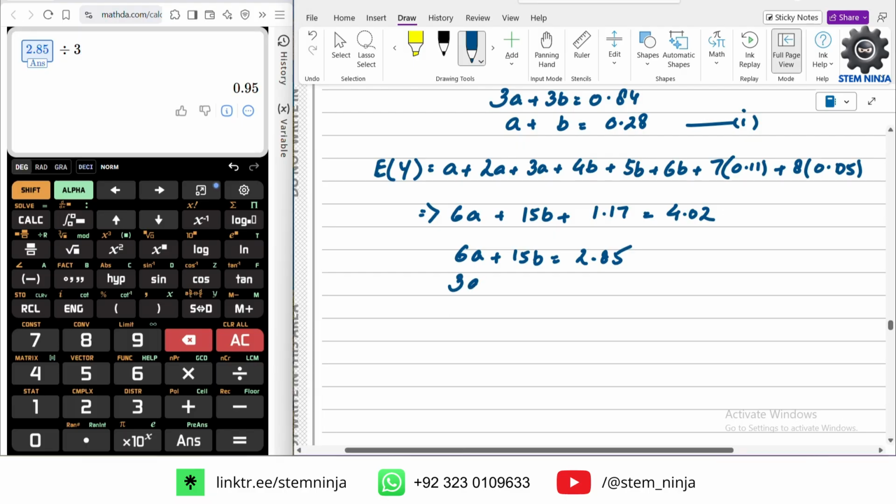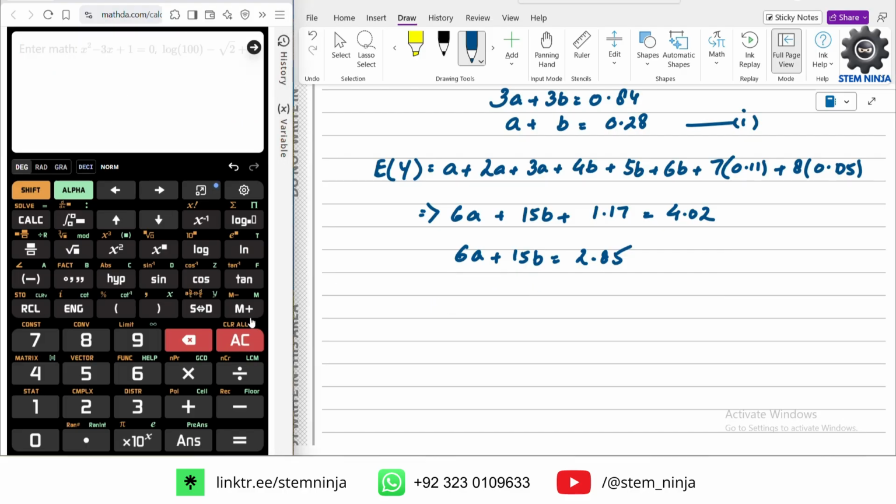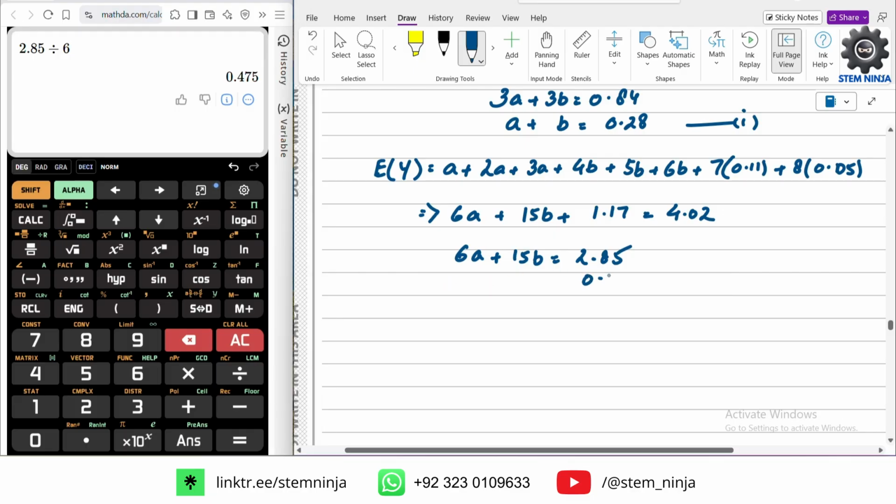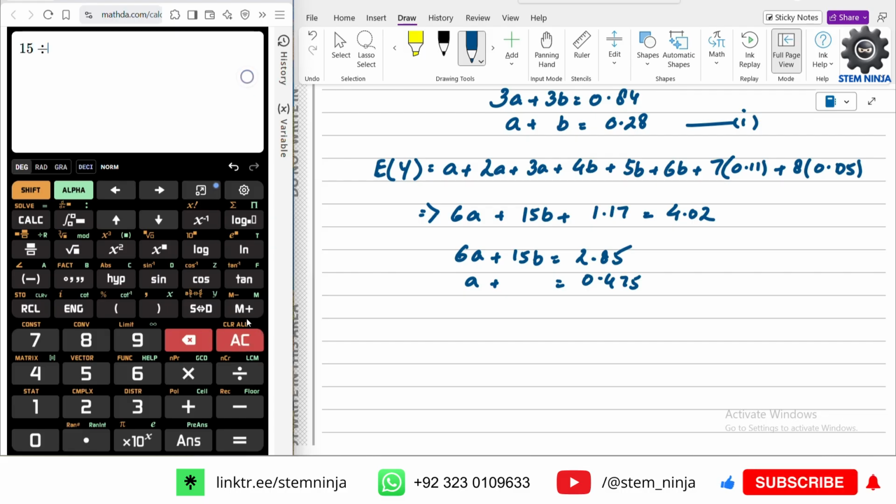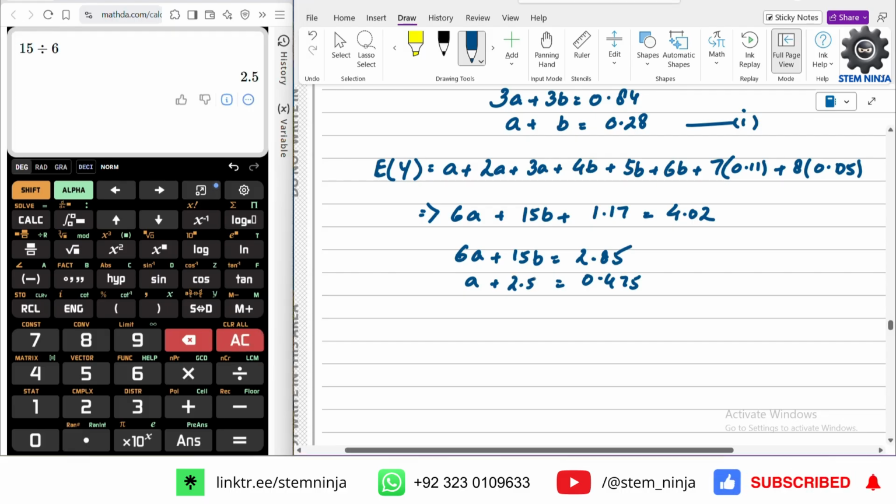Okay, so 3, no. Okay, so we could have done 2.85 divided by 6 also, since it doesn't matter really. You would get 0.475 over here, A, and 15 divided by 6 to be 2.5B. Right, okay, now this is our second equation.